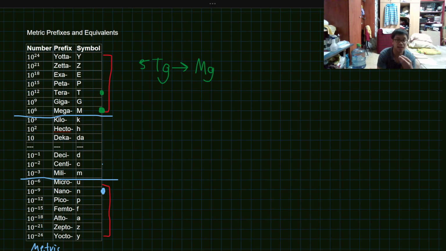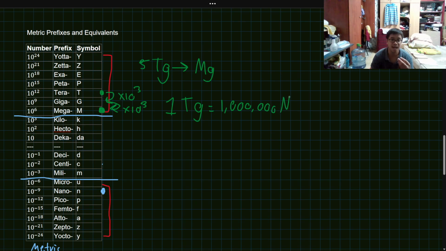Per row, it's 10 cubed, and when you go down, you multiply, not divide. Tera to giga is 10 cubed, and giga to mega is another 10 cubed. That's it. So 1 teragram is equivalent to 10 cubed times 10 cubed, which is 10 raised to 6, or 1 million megagrams.